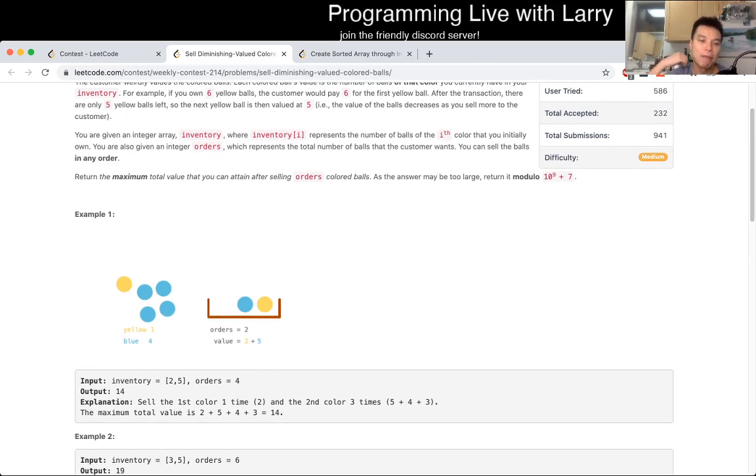for this problem, the amount that you get for a ball is equal to the number of balls already in the inventory. That means that in this case, if you buy a ball from the 5 bucket, you get 5, and so forth, and then 4, and then 3, right? So I think the most intuitive greedy way here is that you always want to buy from the max, because it doesn't make sense to buy from a cheaper bucket, if you want the optimal cost.